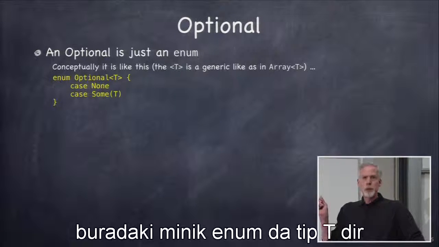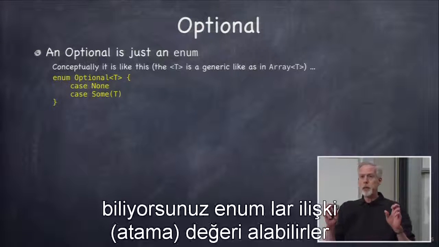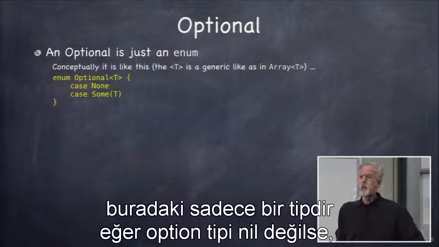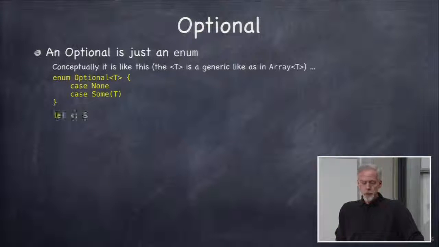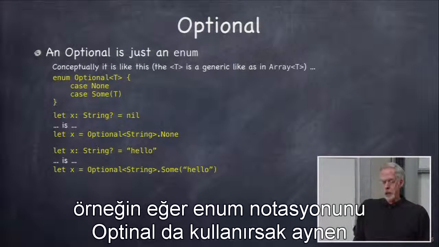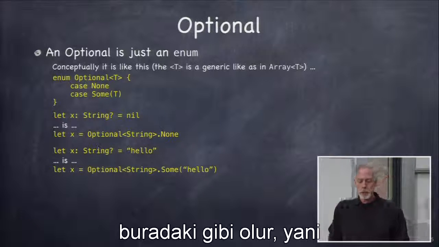And that type, which is T here in this little enum, is just the type of the associated value. You know that enums can have associated values. So that's just the type that, if the optional is not nil, that's what you get. So that's all an optional is. And so, for example, this is what it would look like if we used the enum notation to do an optional.